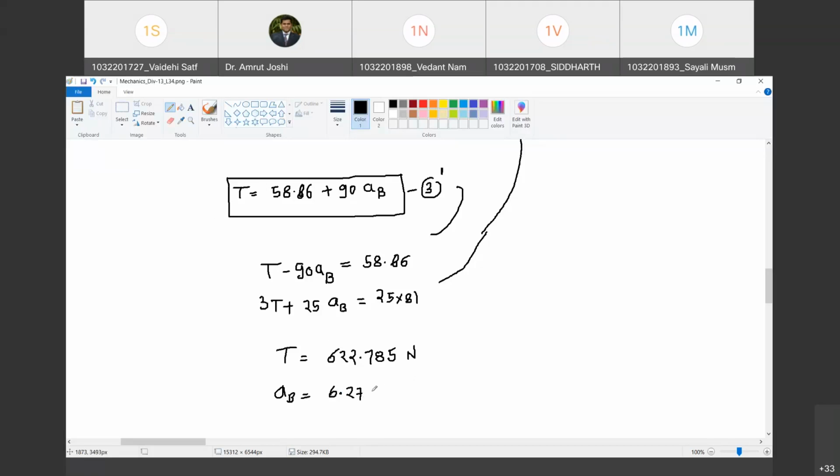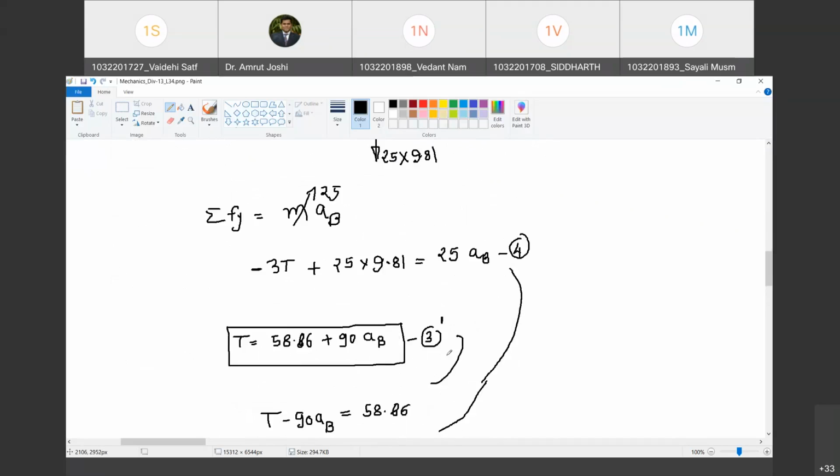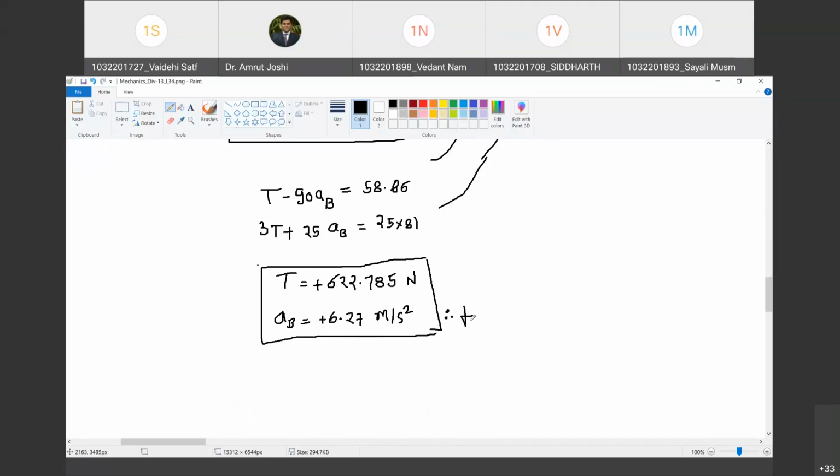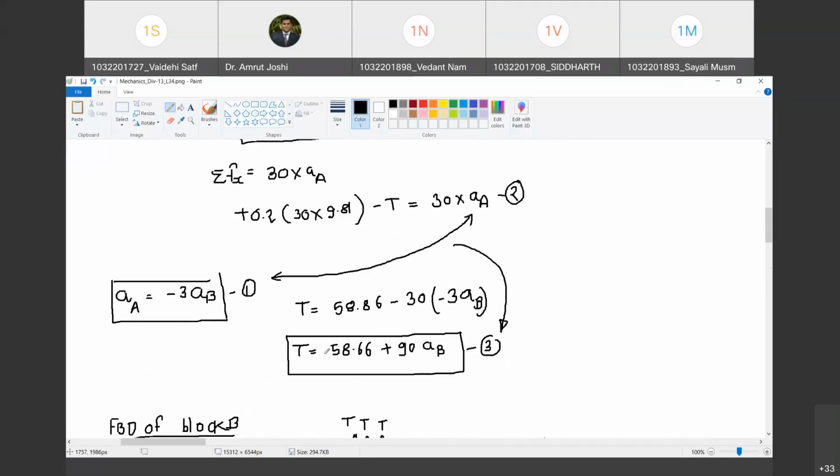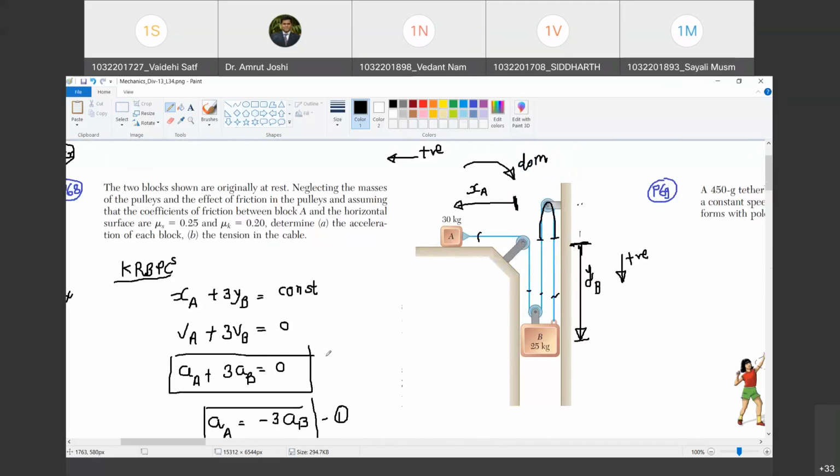Are you getting these answers, Vedant? Sir, I do not have a scientific calculator, so it is taking a while. Just a minute. Okay. Yes. Please confirm if you are getting it. Yes, sir. As this T is positive, therefore it is tensile in nature. As this AB is positive, therefore the originally assumed direction of AB is correct, and that is downward. Sir, I am getting the same answer.